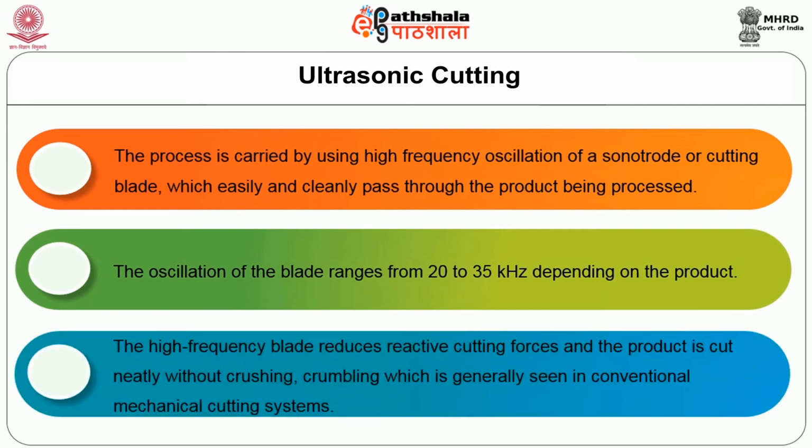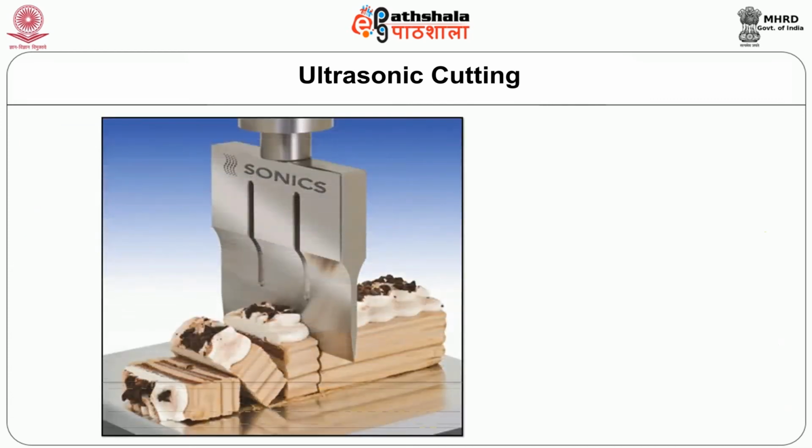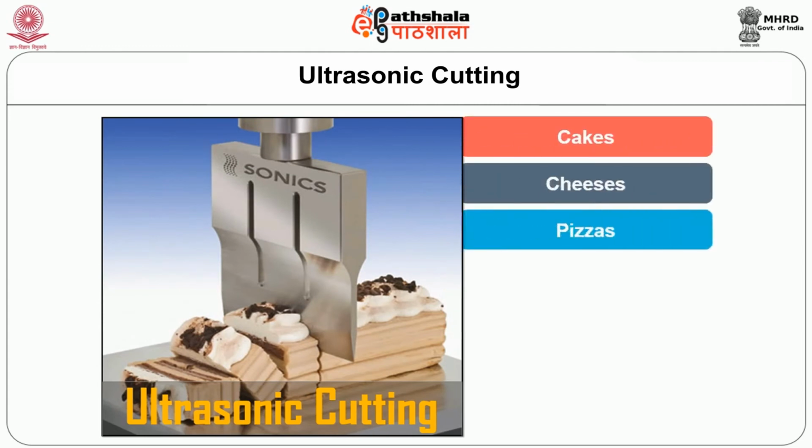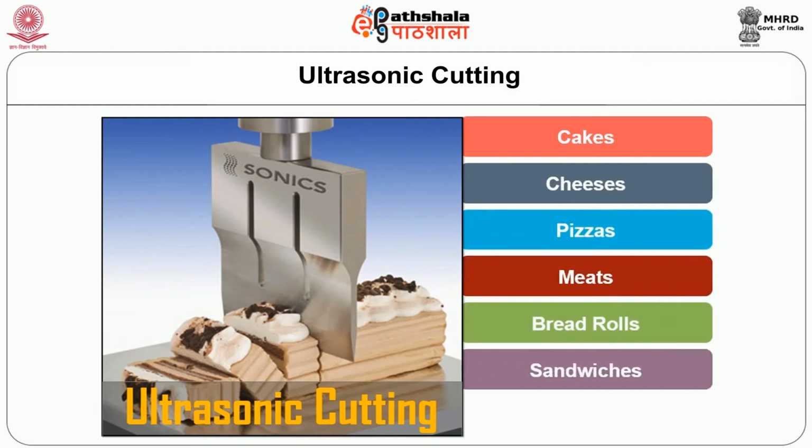The high frequency blade reduces reactive cutting forces and the product is cut neatly without crushing or crumbling or smearing, which is generally seen in conventional mechanical cutting systems. Ultrasonic cutting or slicing has been successfully applied in products such as cakes, cheese, pizzas, meats, bread rolls, sandwiches and cereal bars.